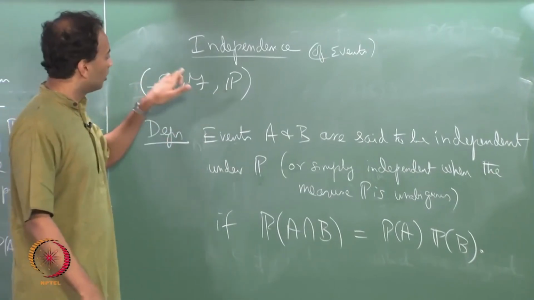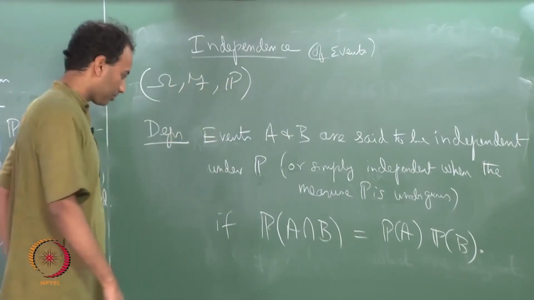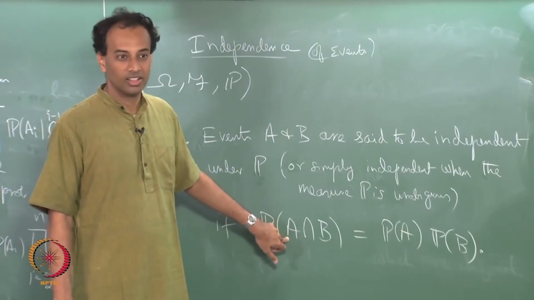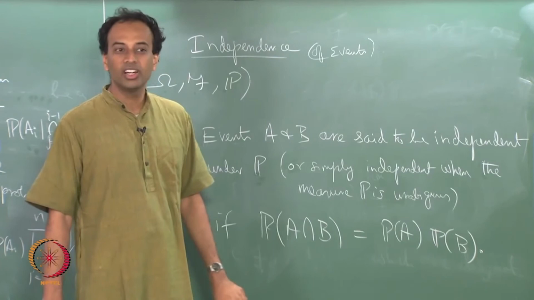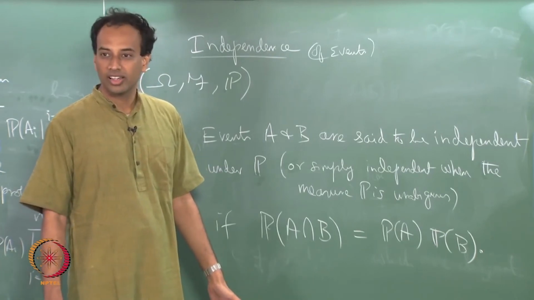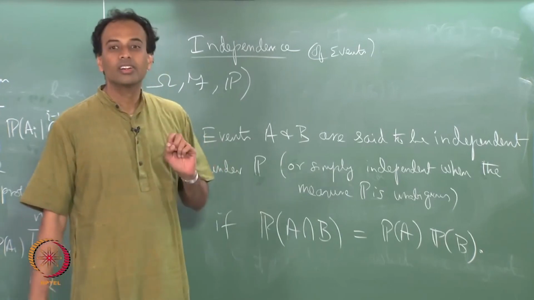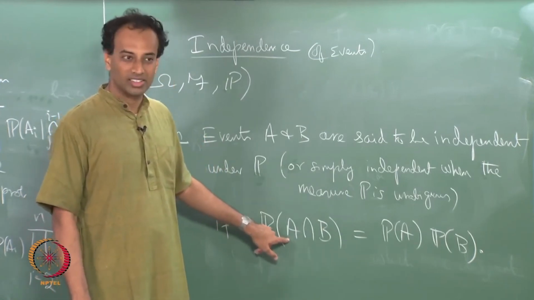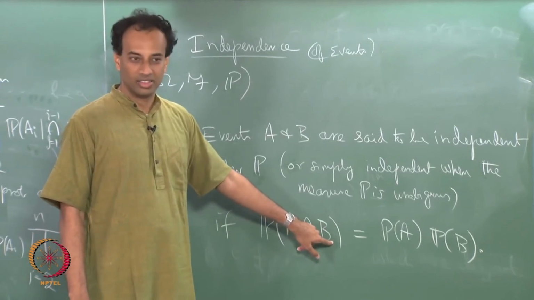Let A be the event of a rational, and let B be the event of an irrational. Are they independent?